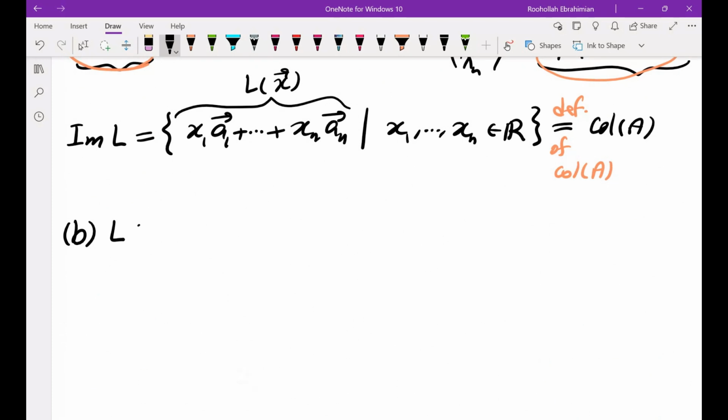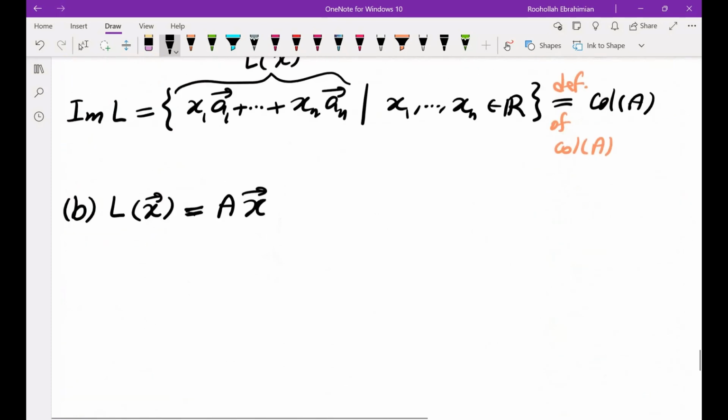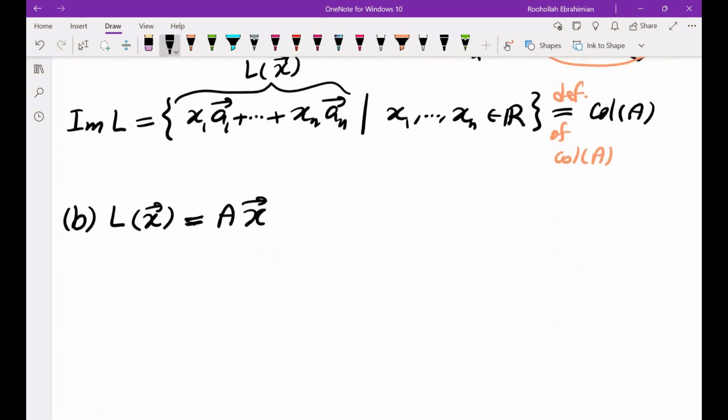If you look at L of x, again we know this is A times x. The definition of kernel is that this is exactly 0. So x in the kernel of L implies, and we can also do if and only if.